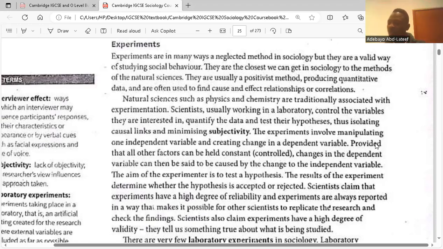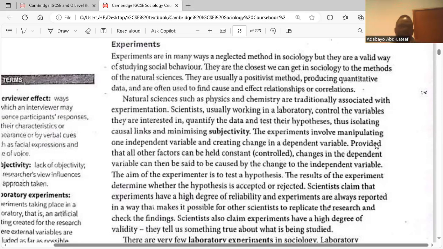Experiments involve manipulating one independent variable and creating change in a dependent variable, provided that one factor can be held constant. We have to change one variable for the other before we can get the cause effect. Two variables will not work at the same time; if they do, we're not going to get any cause effect.